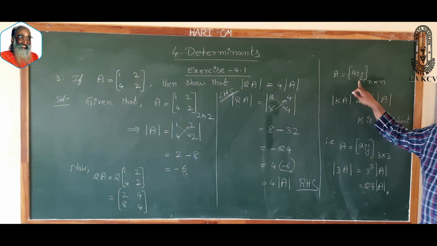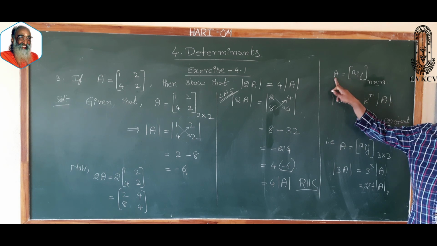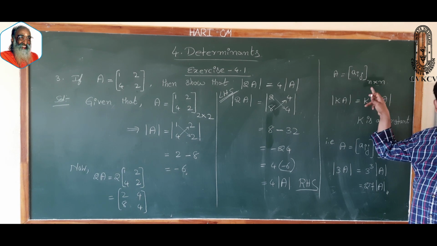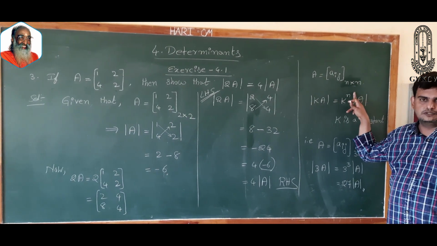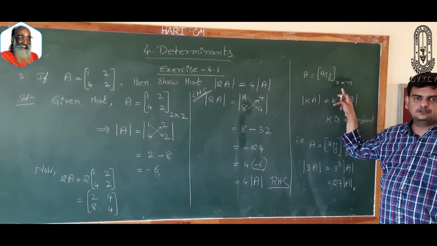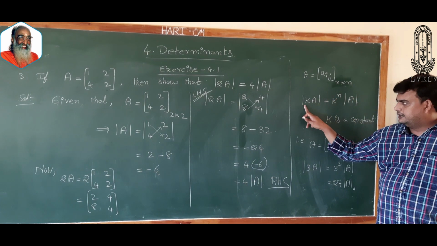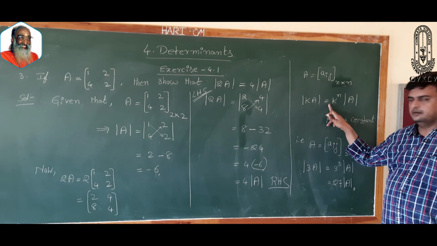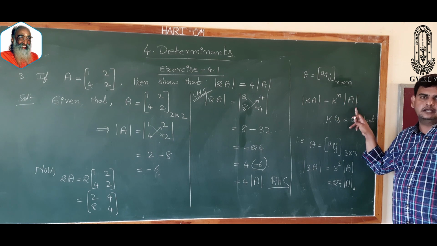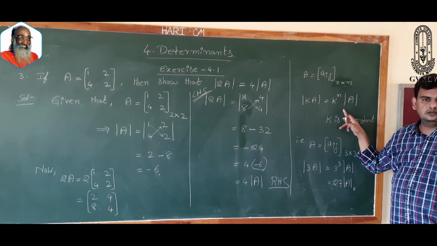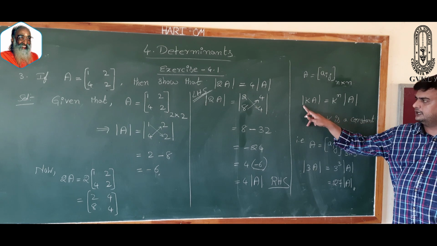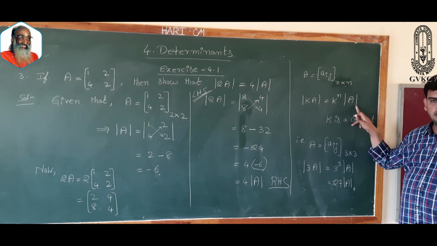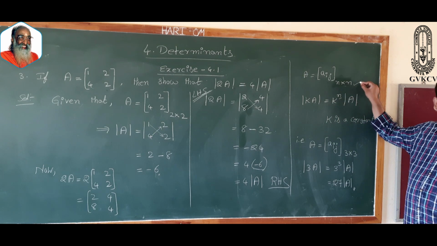Whenever you have a square matrix A of order n by n, meaning n rows and n columns, det of k into A becomes k power n into det A. So always the determinant of k into A gives us k power n into det A. Here n is nothing but the order of the matrix.